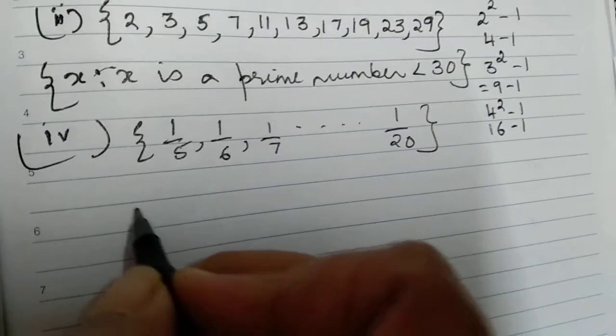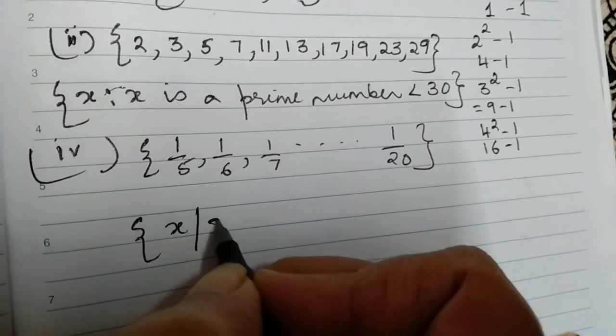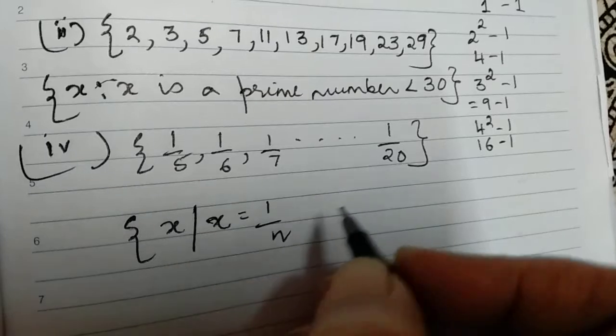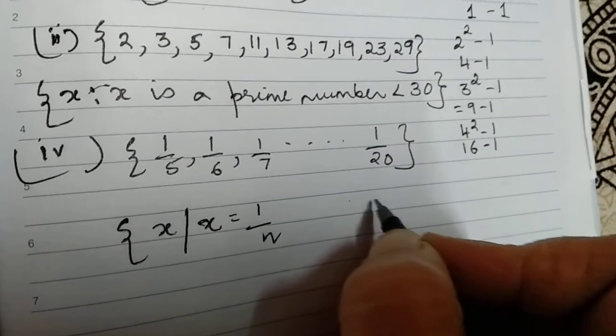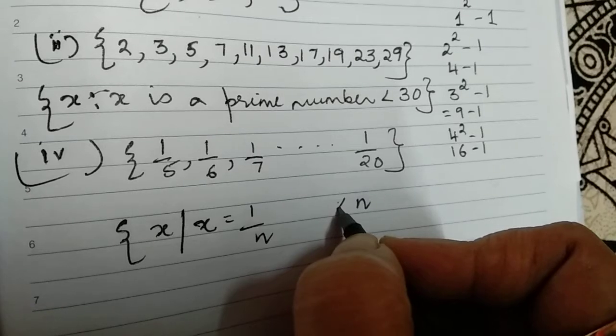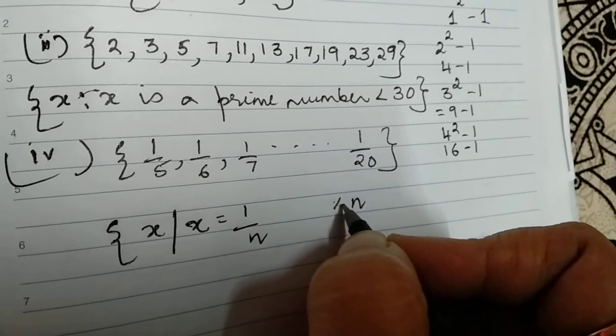That means x such that x is equal to 1 by n, where n is greater than 5 and less than 20.